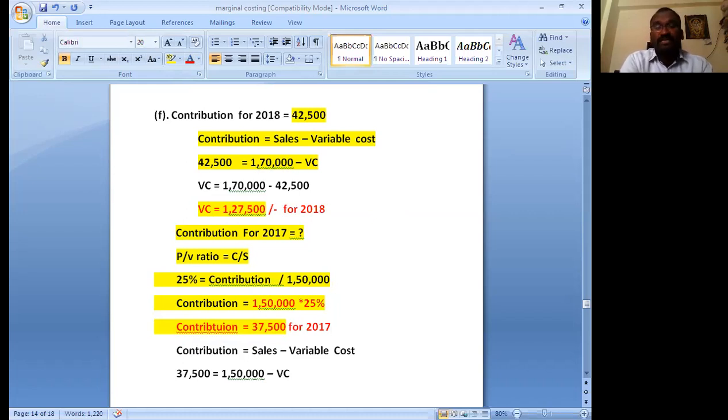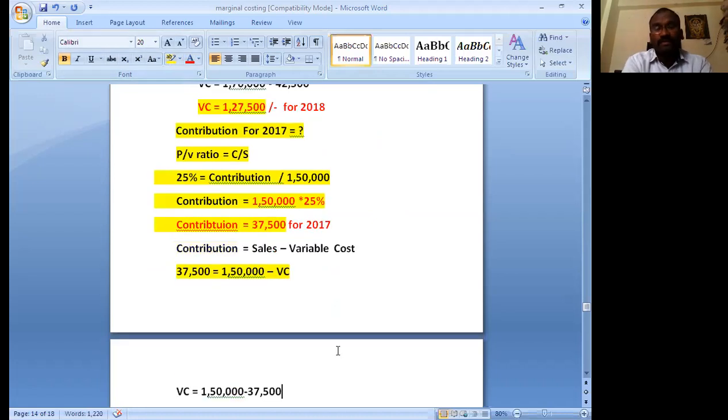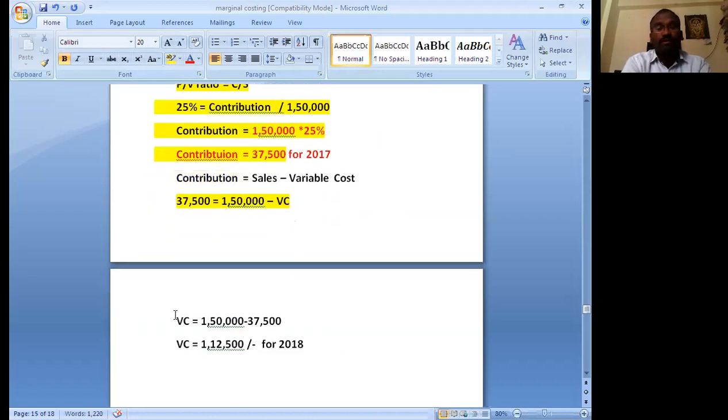Next you use the contribution formula: contribution equals sales minus variable cost. You know the contribution, 37,500. Sales for 2017 is 1,50,000. So the difference gives the variable cost: 1,50,000 minus 37,500.